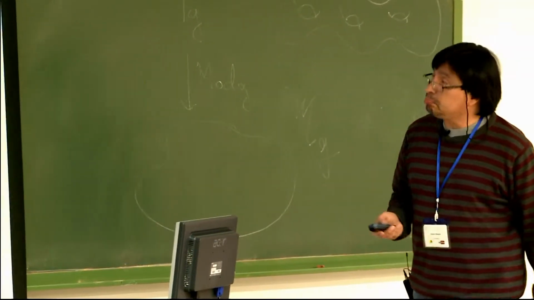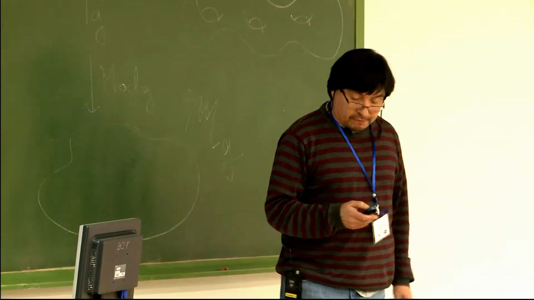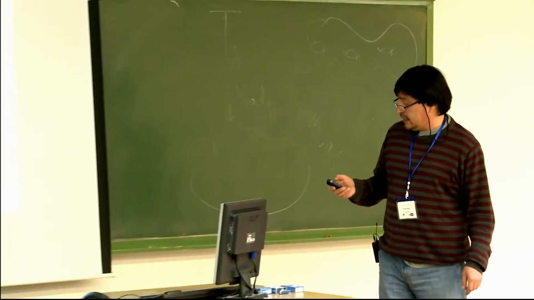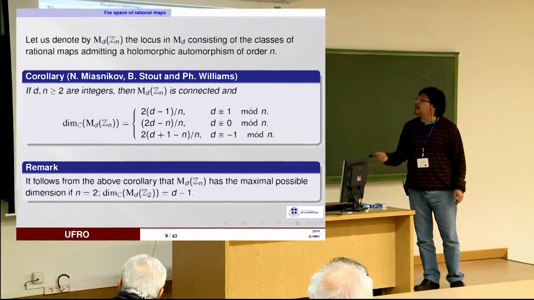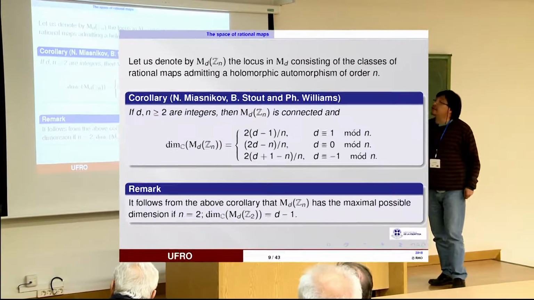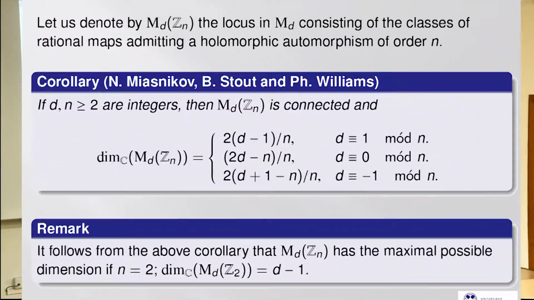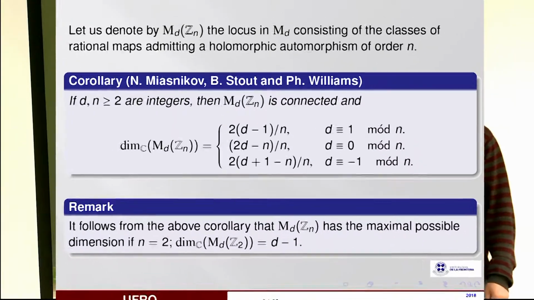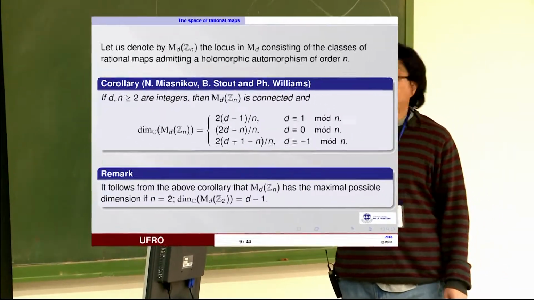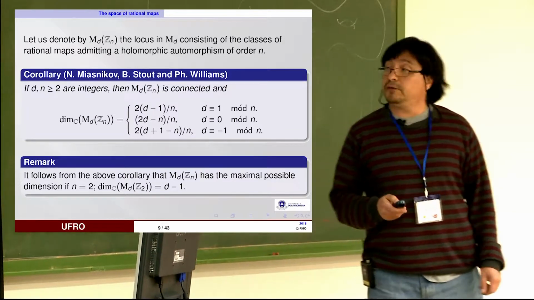So from this form of the rational map admitting this holomorphic automorphism, one can find that in moduli space, the classes of rational maps admitting a cyclic group of order n as a subgroup of holomorphic automorphisms will be connected, and the dimension will be the corresponding one in each case, depending on the congruence situation.